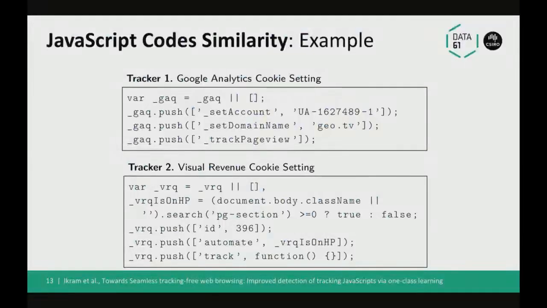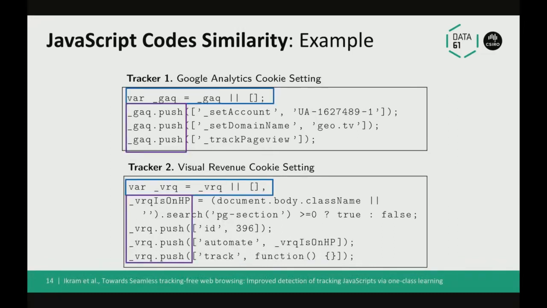To give you a basic idea of how tracking JavaScripts are similar to each other syntactically and semantically, let's look at this example. You can see that we have two JavaScripts that are setting cookies for two distinct trackers, in this case Google Analytics and Visual Revenue.